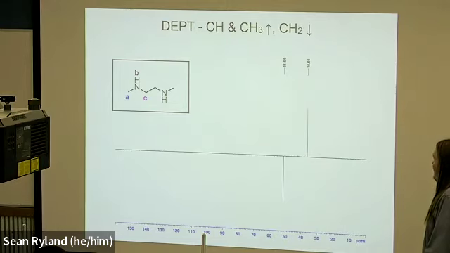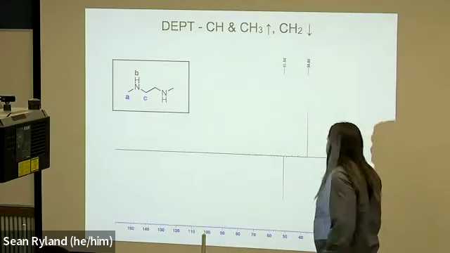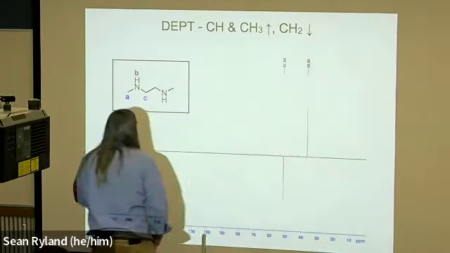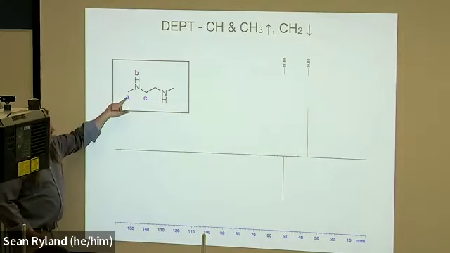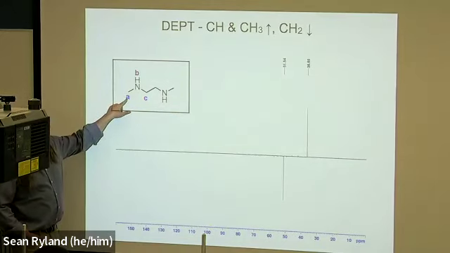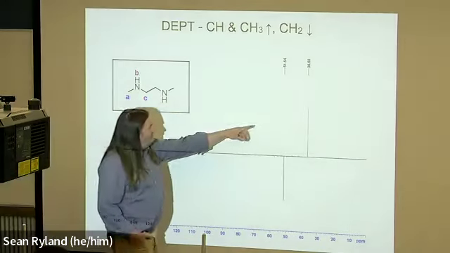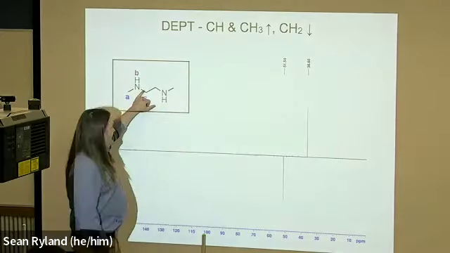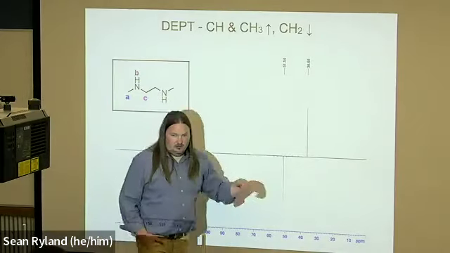The fact that our solvent disappeared when we did this tells us that our solvent has no carbon hydrogens on it, or that they're all sp2 maybe. Regardless, this does allow us to assign this. We have a methyl group, so that should be the one that still points upward. And then we've got our CH2, which should point downward.